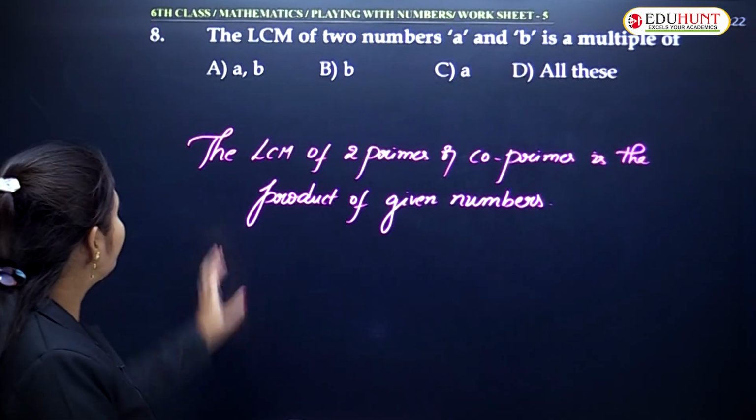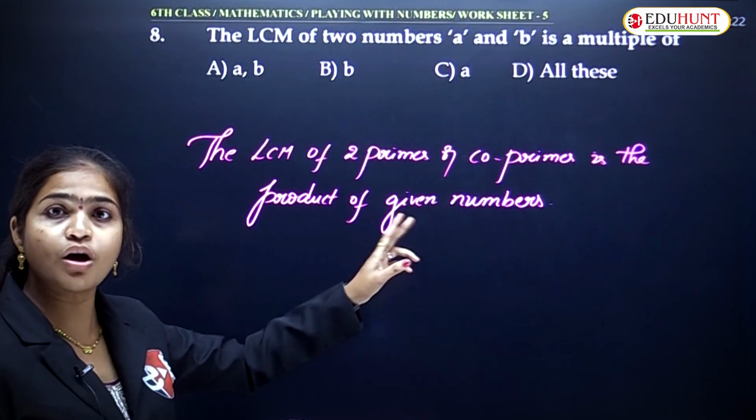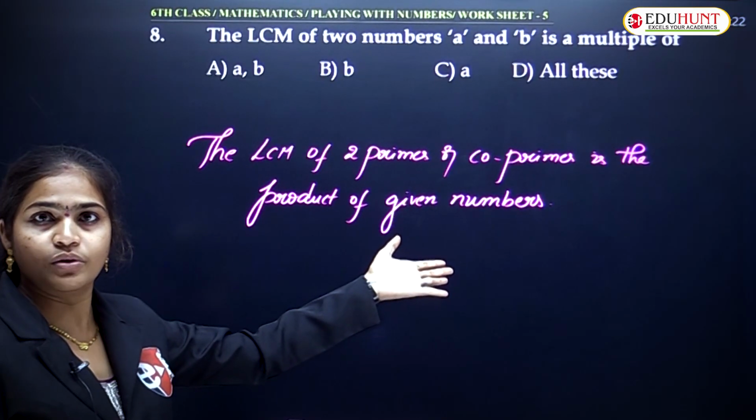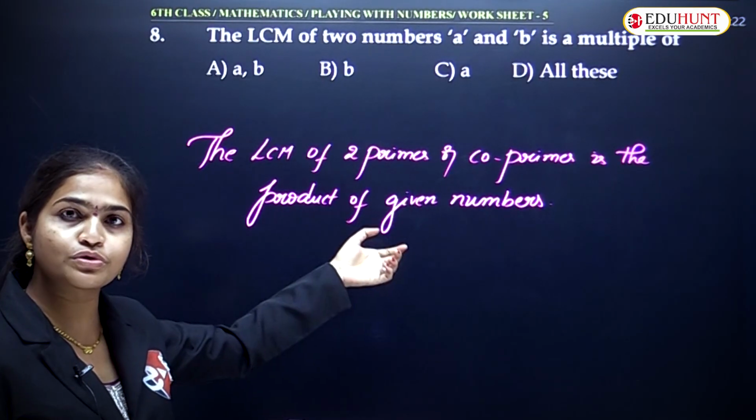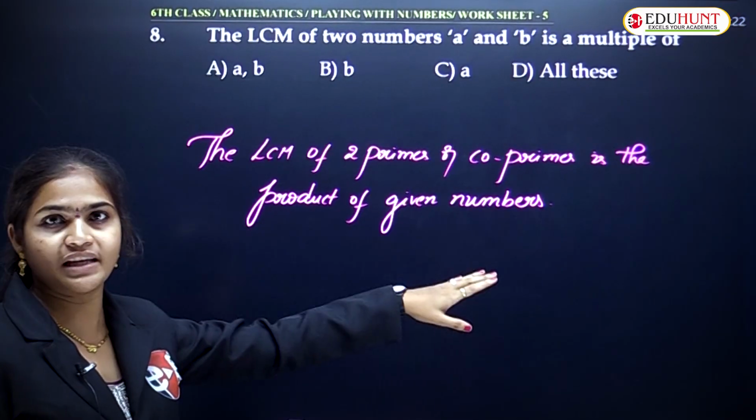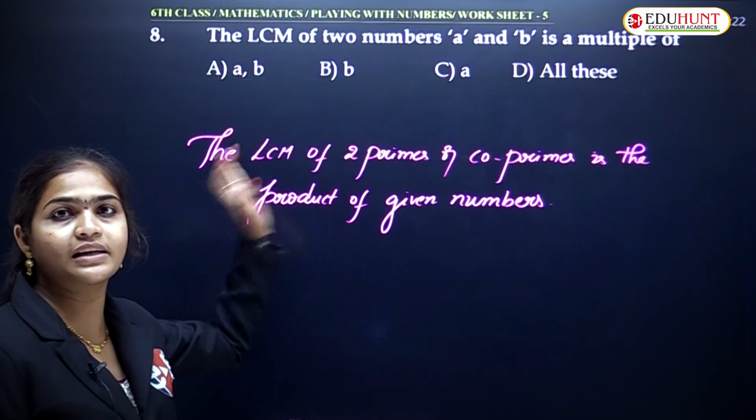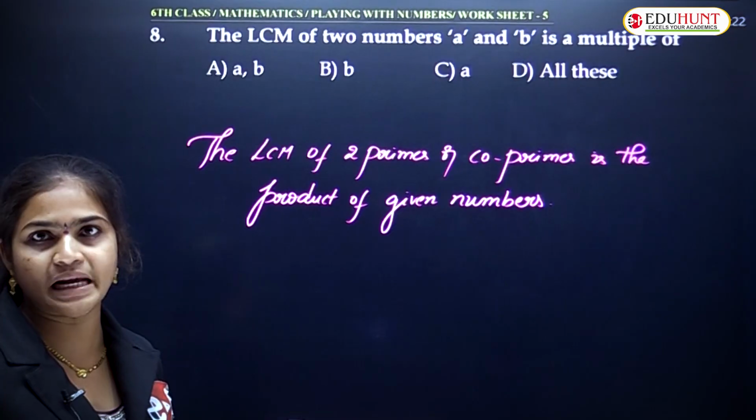Understand the concept here, ma? The LCM of two prime numbers or two co-prime numbers, whatever it may be, what is the LCM of those two numbers? The product of the given numbers is the LCM of those given two primes or two co-primes.